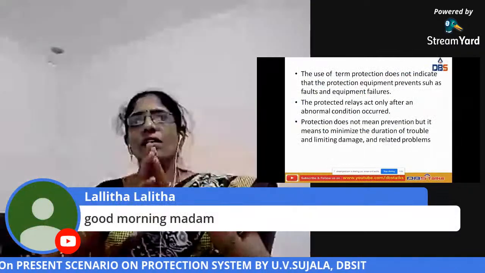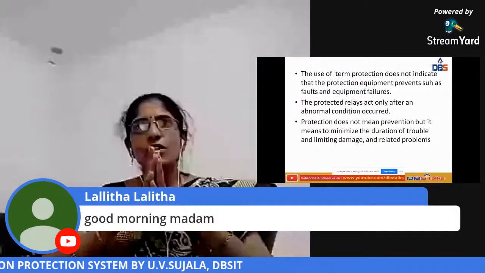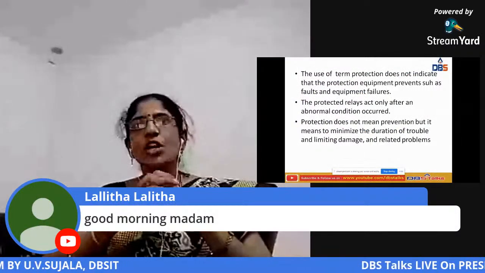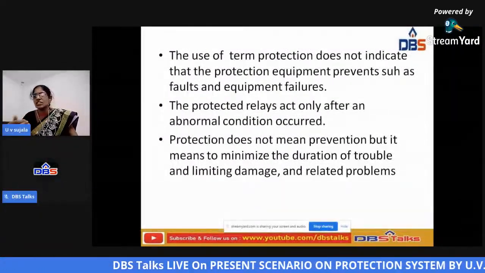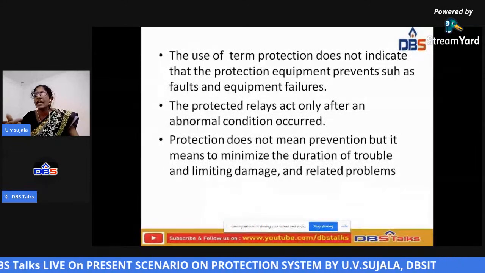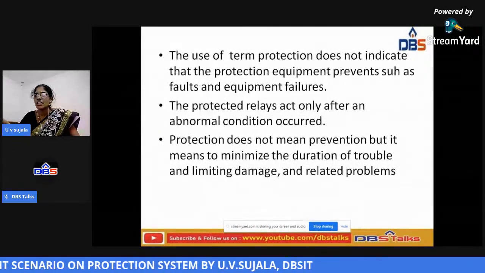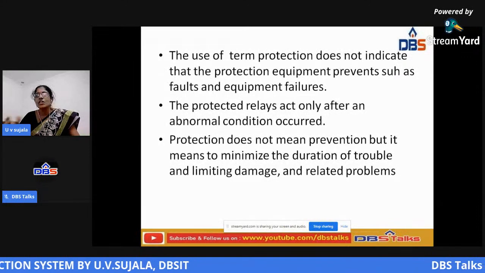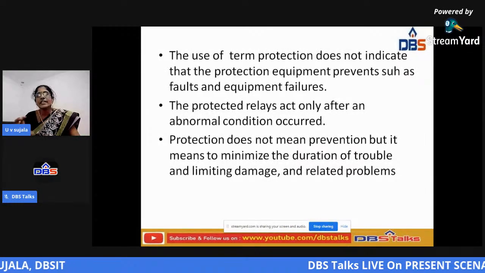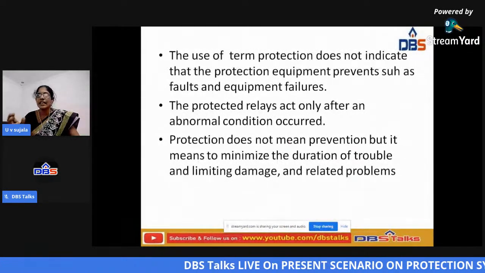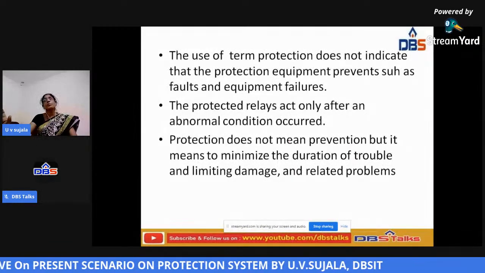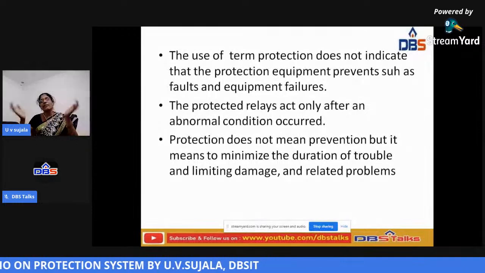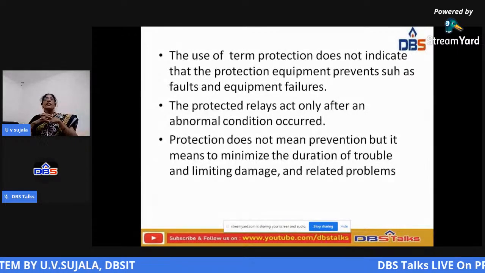What is the use of protection? Here we use switchgear, which is a combination of electrical disconnector switches, fuses and circuit breakers, to control, protect and isolate the electrical equipment. Protection means protecting equipment to prevent faults or equipment failures.